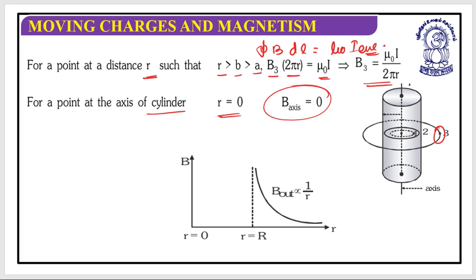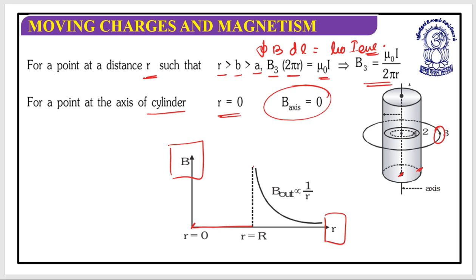If I plot B versus r for this situation, from 0, that means from the center to the surface, the magnetic field will be 0.